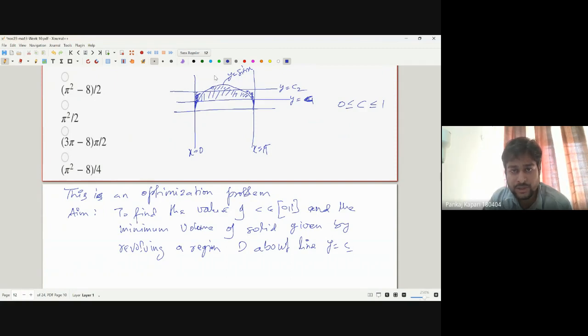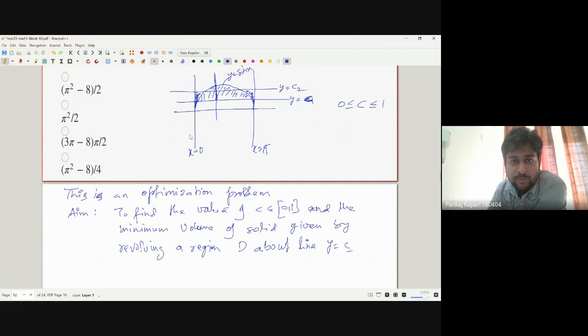So you have to take these kinds of planes, and these planes will give you some slice because they intersect your solid and give you a disk, and you have to find the radius of that disk to get your volume. So what will be the radius of this disk?